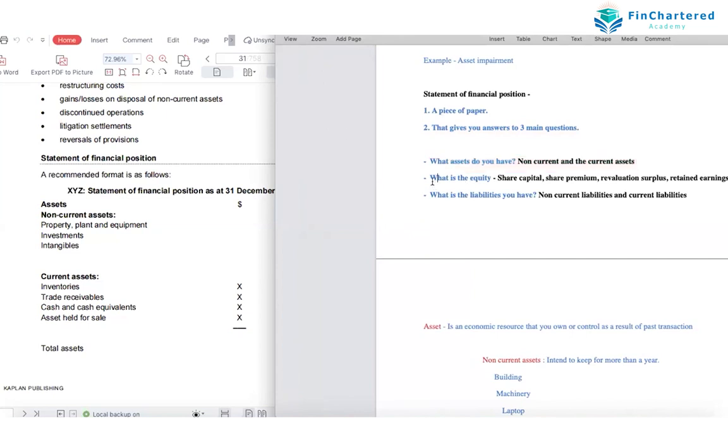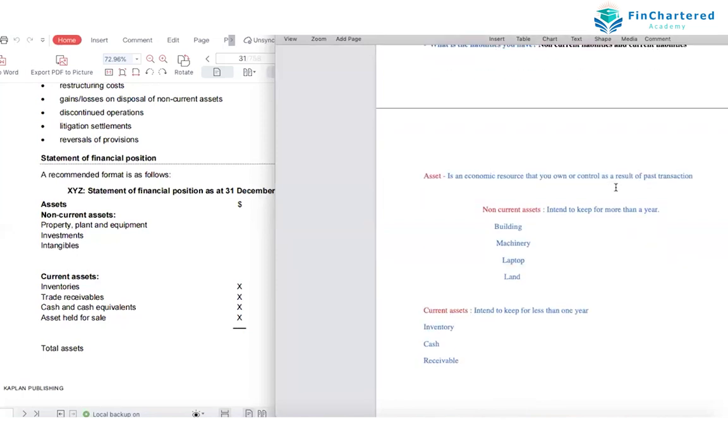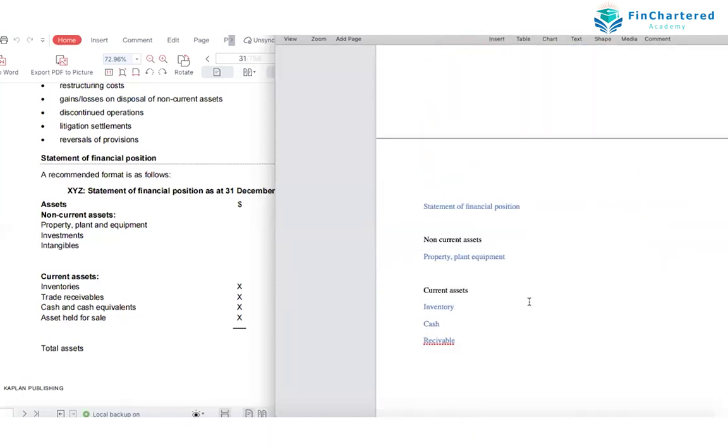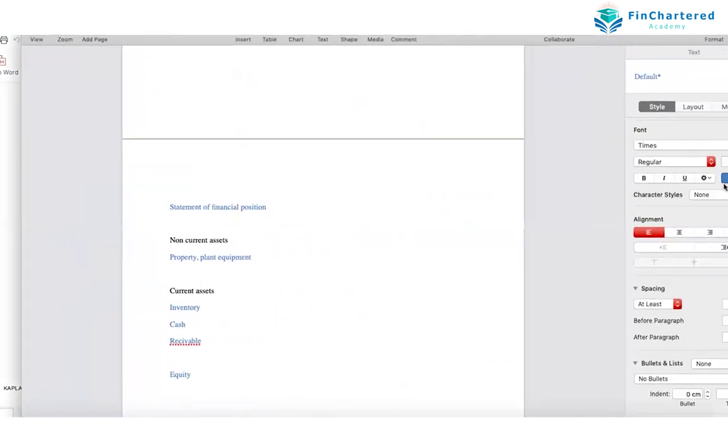Second question is, what is the equity? This is basically what belongs to the owners. Okay. So the second question is, what is the equity that you have? What did the owner invest?